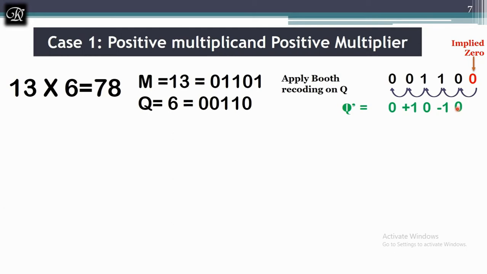Even though you can apply the sequential multiplication algorithm on this and get the same answer, the way you deal with it in sequential is different compared to Booth multiplication. Booth multiplication is a little faster than sequential when we are performing manually. Yes. Next we will see how to do this.